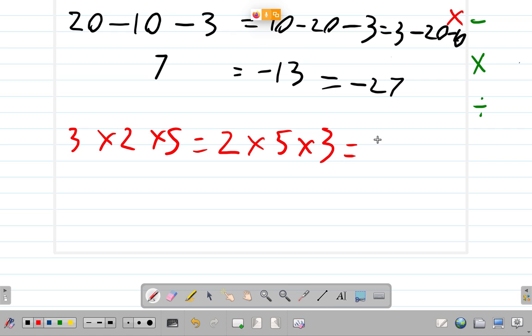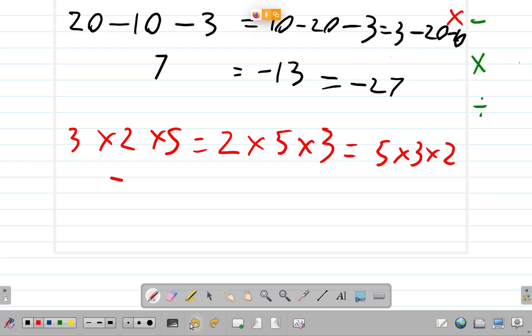Also, we could say, what if 3 goes to the middle, 5 goes to the left, and 2 goes to the right? Are we going to get the same answer? If so, then we can say multiplication is commutative. If not, then we'd have to say that it is not commutative. Let's see what happens.